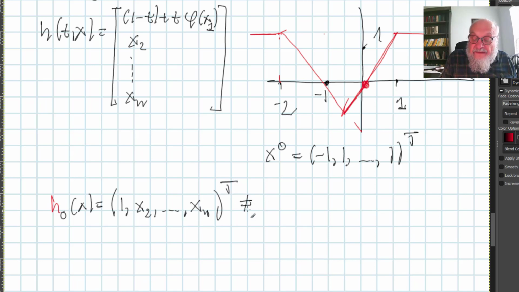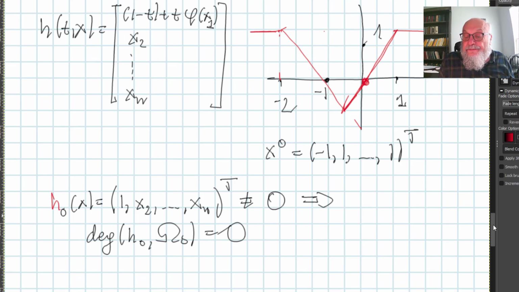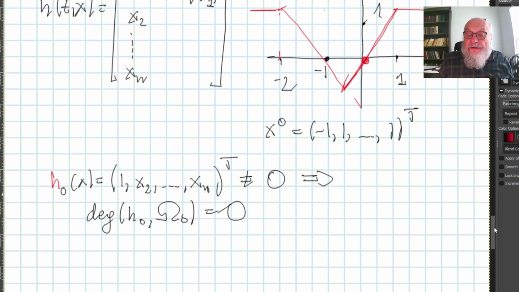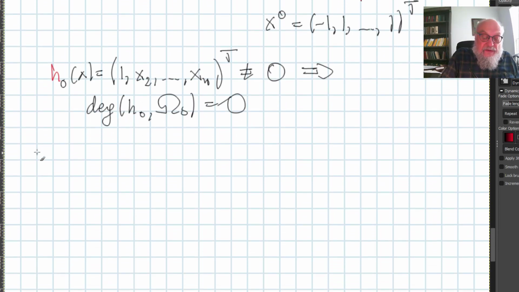So you clearly see that this implies that the degree of h0 on omega naught is equal to 0. On the other hand, let's write it down. The 0 is equal to the degree of h1 on the ball omega 0, which is of radius 2.